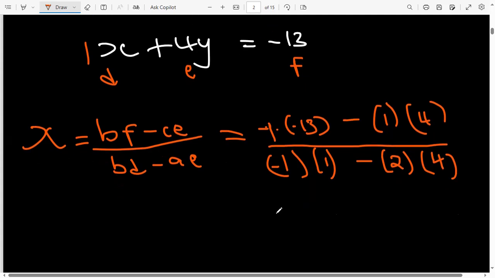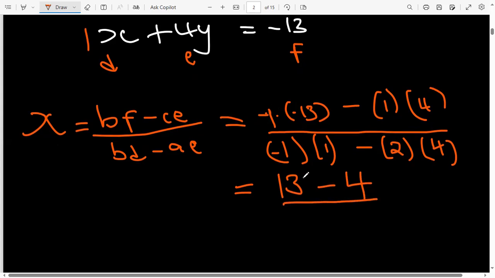So now let's multiply to find our value of X. Minus 1 multiplied by minus 13 will just be 13, minus this here will just be 4. Then we're dividing this by minus 1 multiplied by 1, which is minus 1, minus 2 multiplied by 4, which will just be minus 8.